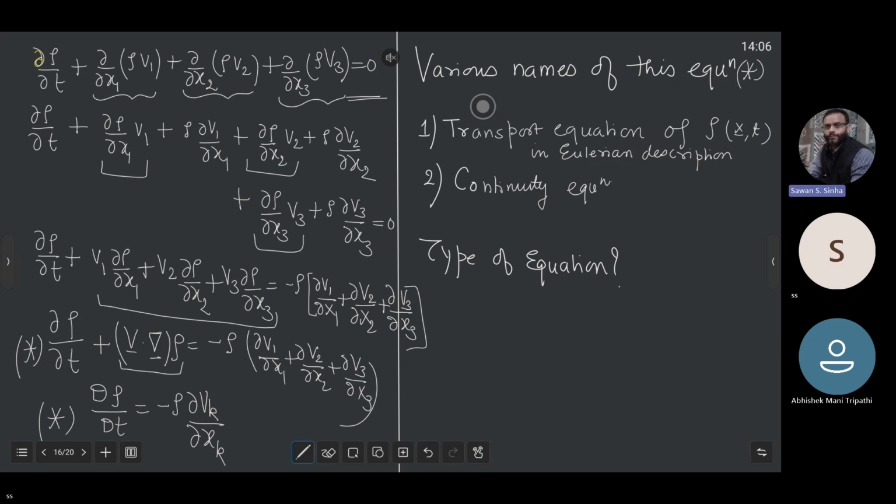You can call this advection of density, advection of rho. This whole term can be called the mathematical representation of the advection of rho.